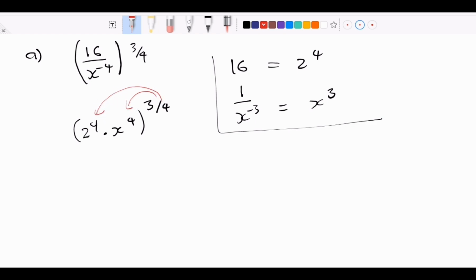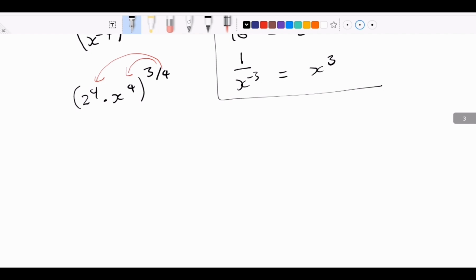So when we apply that law, we would have 2 to the power of 4 distributing the 3 over 4, so we get 2 to the power 4, to the power 3 over 4, and x to the power of 4 in brackets, and that to the power 3 over 4.